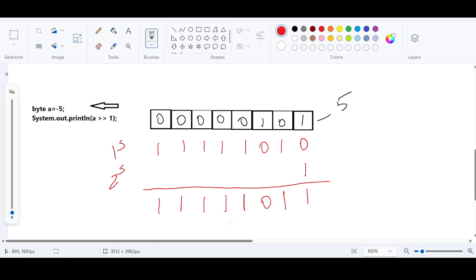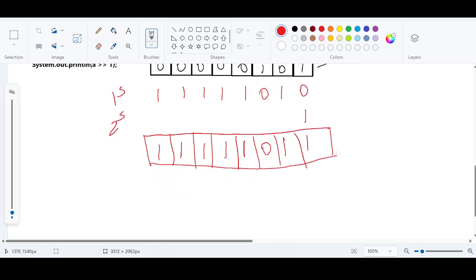Making sense? Now let me put this in all the boxes. After having this, we need to consider the MSB. Don't get any confusion. I'll repeat this once again.